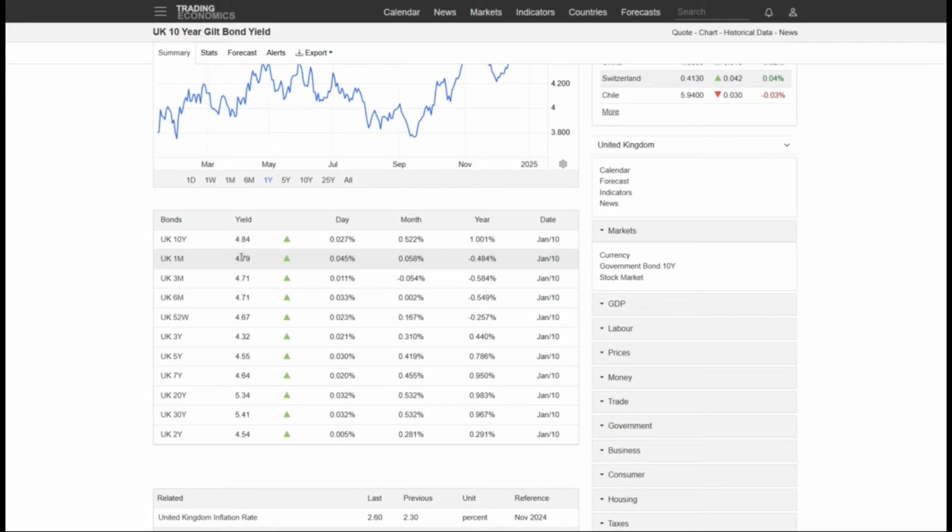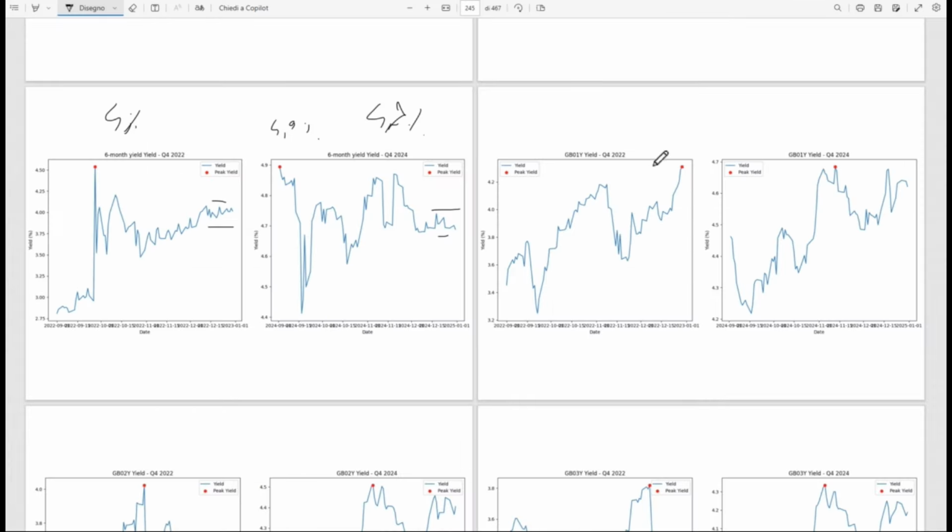This is not a good sign. It means that it doesn't matter if the government wants to borrow for 10 years or for 1 month. There is a lot of risk in the gilt market. And this data, they give you all the explanations, which are facts. Yeah, these are facts. This is not anything that comes from the Andromeda galaxy.